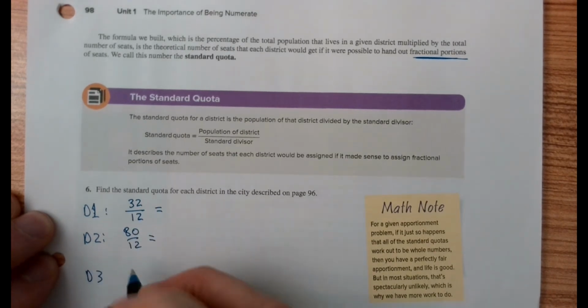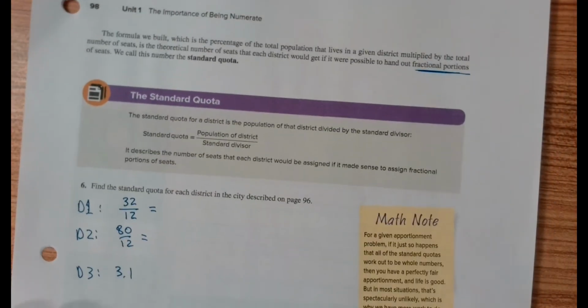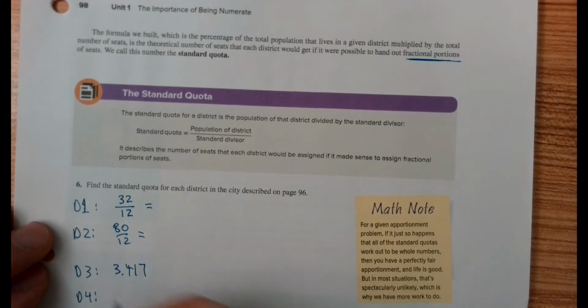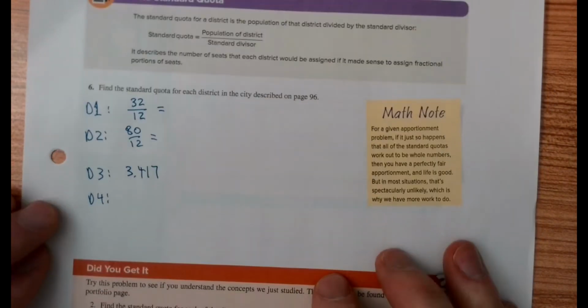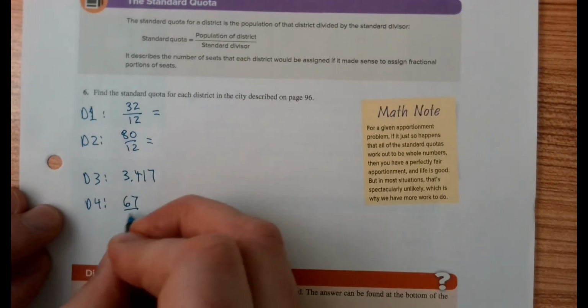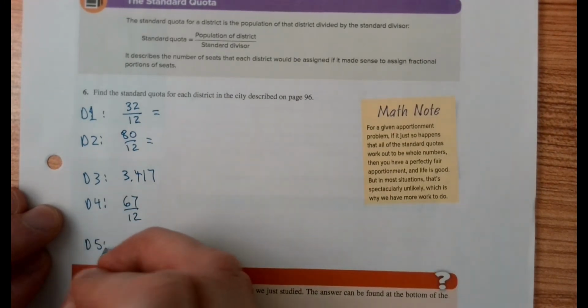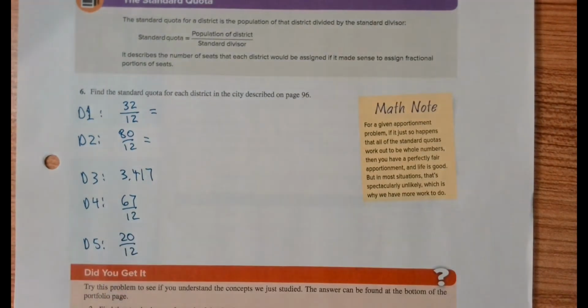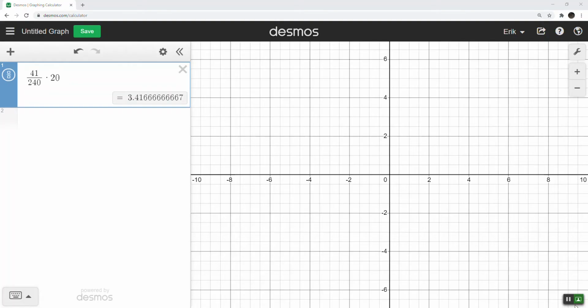District 3 we just did, 3.417. District 4 we need 67 divided by 12. And District 5 we're looking at 20 divided by 12. So I'm going to get all these in decimals in one fell swoop.